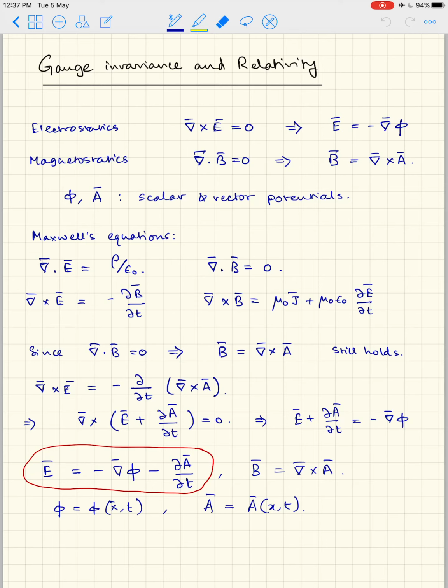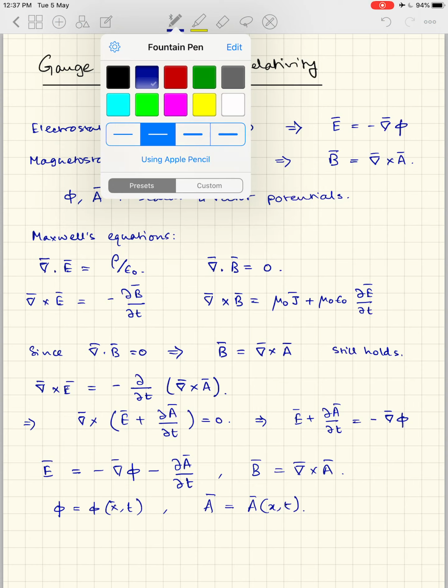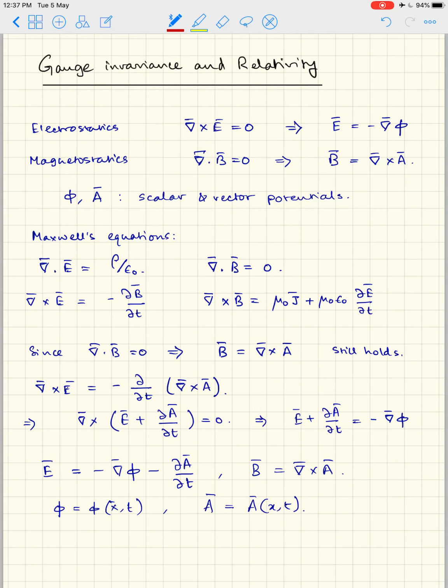We started off by looking at gauge invariance as you had earlier seen it. When you looked at electrostatics and magnetostatics, you saw that the electric field and the magnetic field could be expressed in terms of scalar and vector potentials.